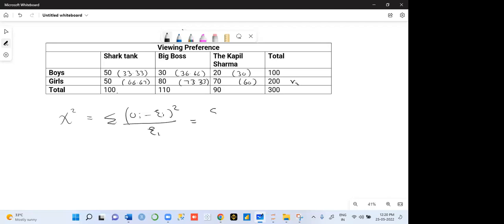Observed value is 50 minus 33.33 squared, divided by 33.33, plus do for all rows. If you need any help, just inform me. Okay, Rahul?